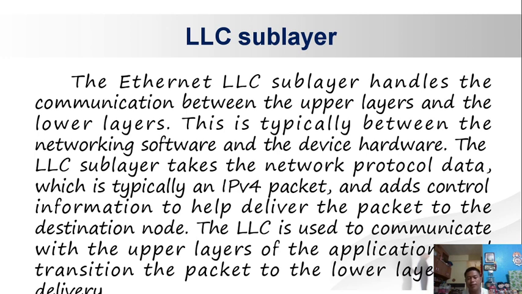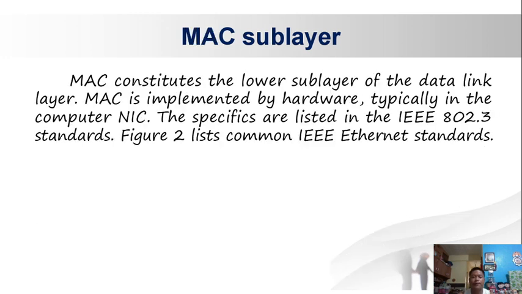The LLC sublayer takes the network protocol data, which is typically an IPv4 packet, and adds control information to help deliver the packet to the destination node. The LLC is used to communicate with the upper layers of the application and transition the packet to the lower layer for delivery.